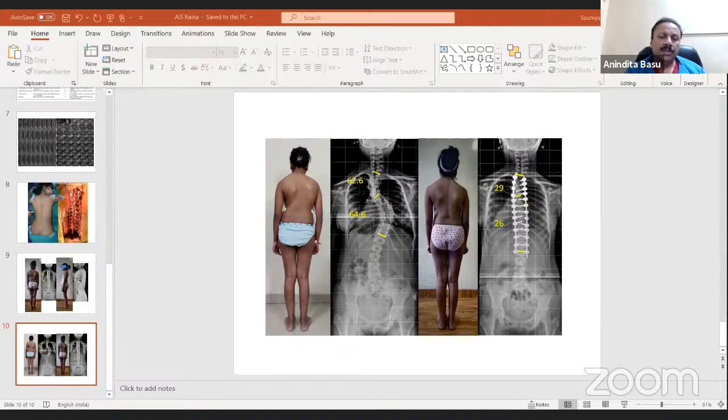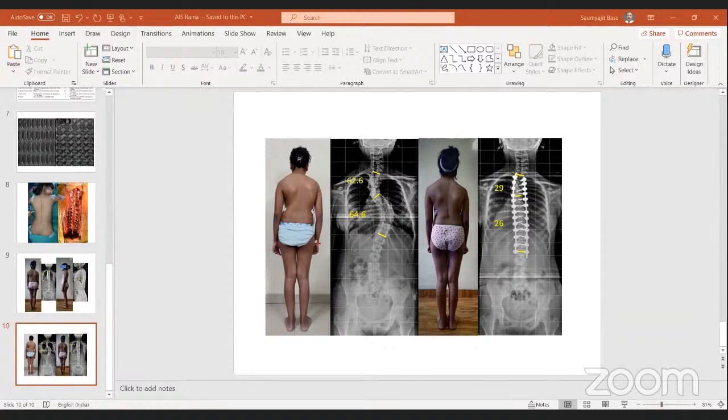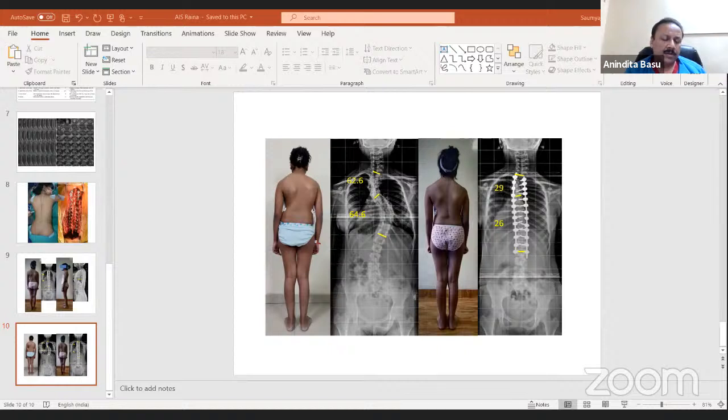Can you see the video, Niraj? Not yet, sir. While screen sharing, you will have to select that video player. So you will have to probably stop screen and reshare it again. I'll just see whether I can do this or not.